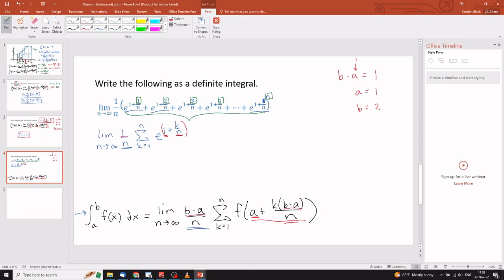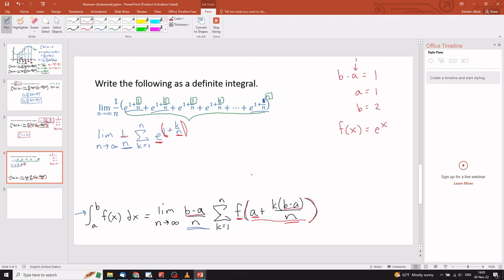Okay, now, if we say these parentheses match with these parentheses, and we compare this e to the power to this f, it makes sense that f of x would be e to the x.